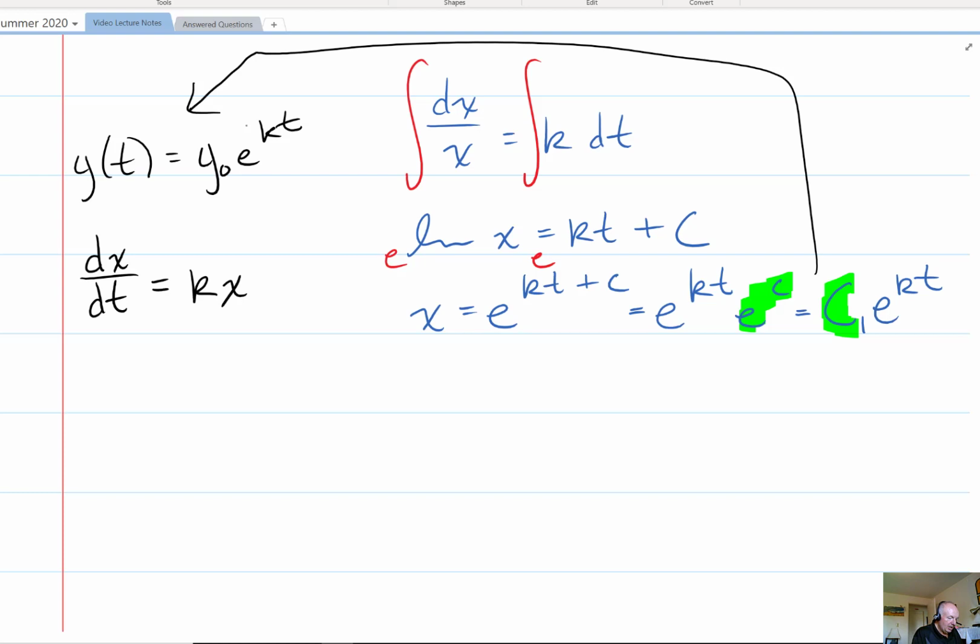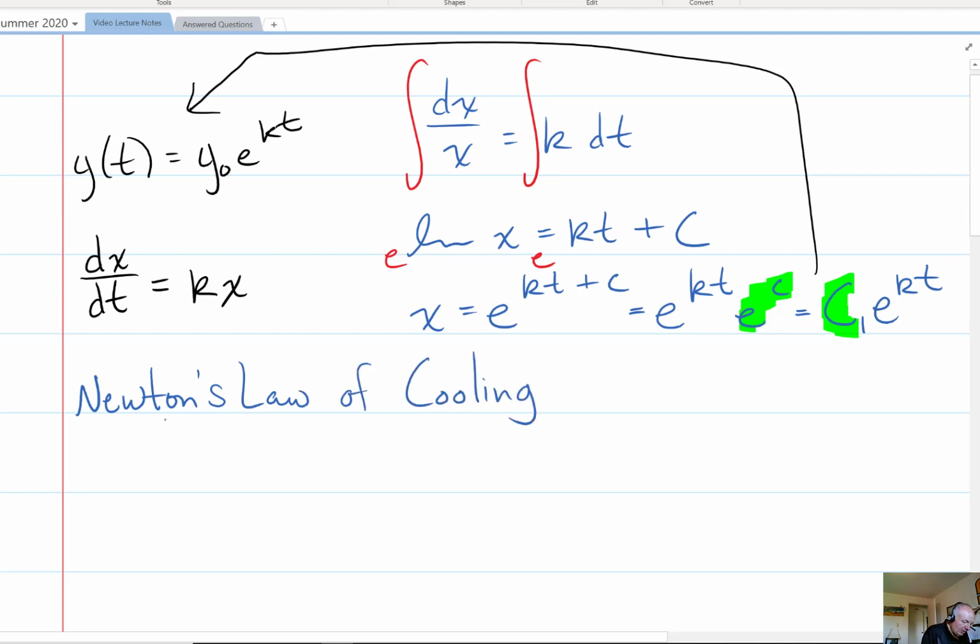Of course, you've got the differential equation that leads to exponential growth and exponential decay. You've also got, as we've already mentioned, Newton's law of cooling, which comes from this differential equation, which again is separable.